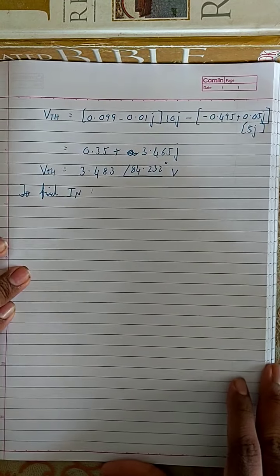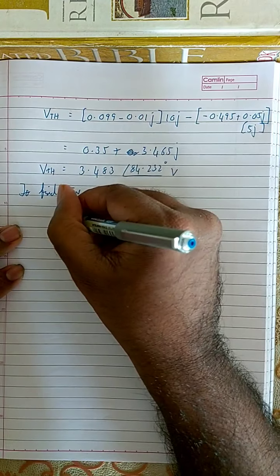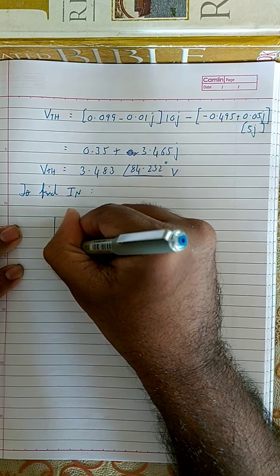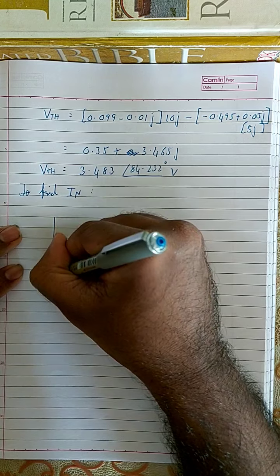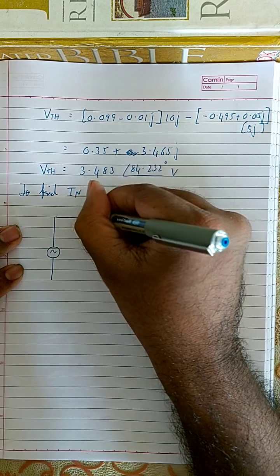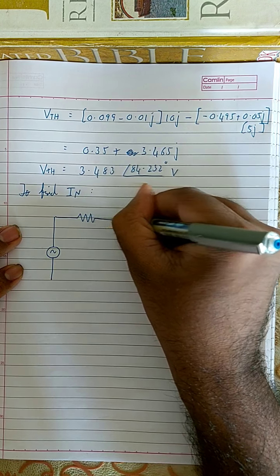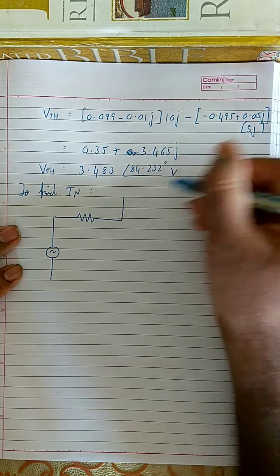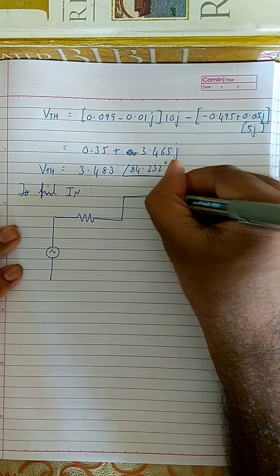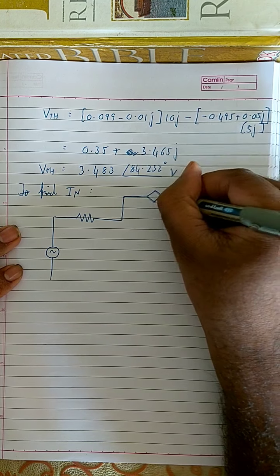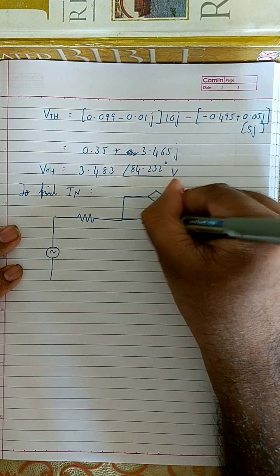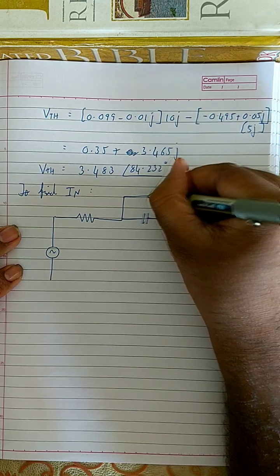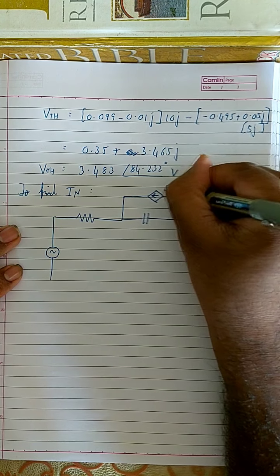So which means let me redraw the circuit. We have a resistor over here, and then we have a triangle over here, we have a capacitor over here. This is 5i.